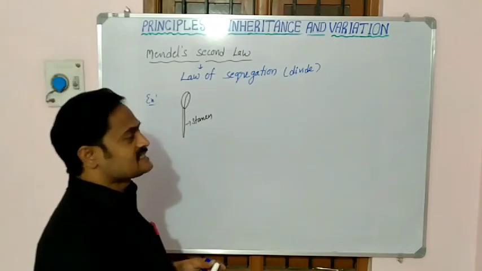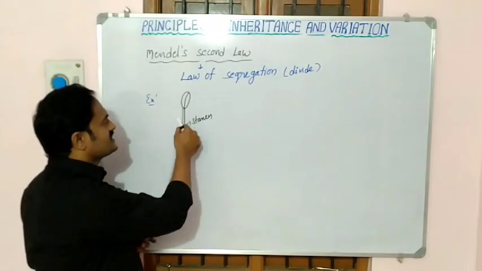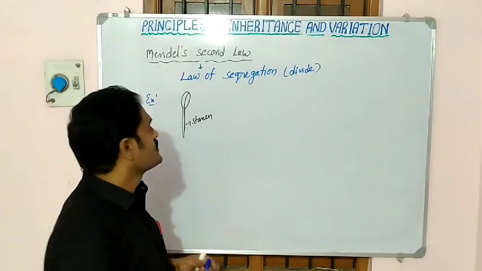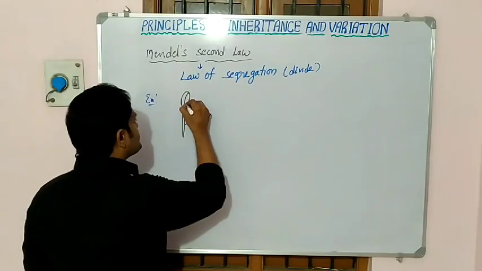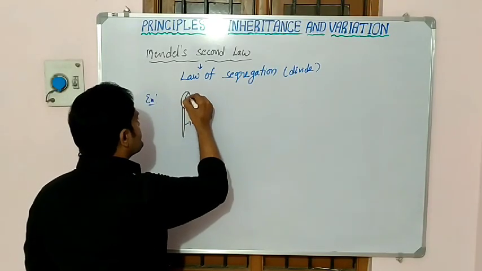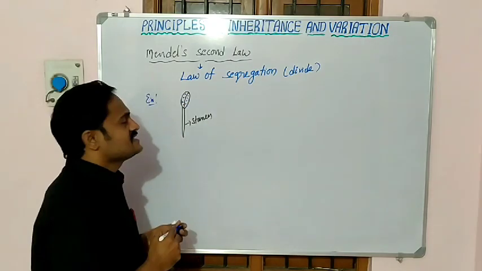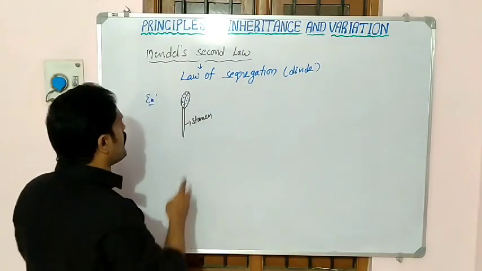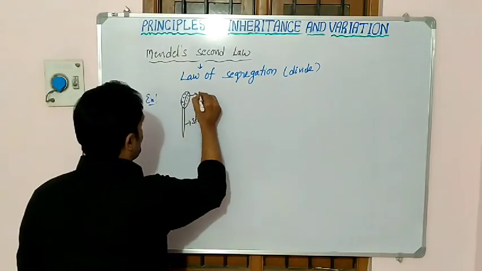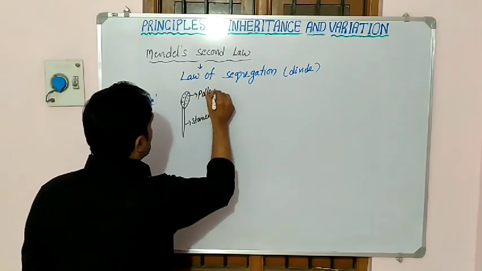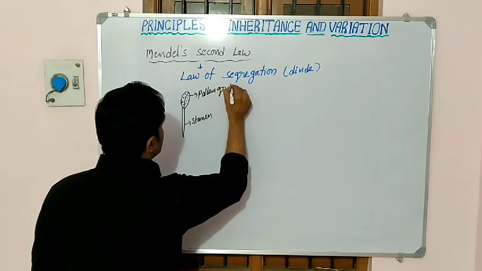The stamen consists of two parts, anther and filament. And the anther consists of male cells. These male cells are called pollen grains.